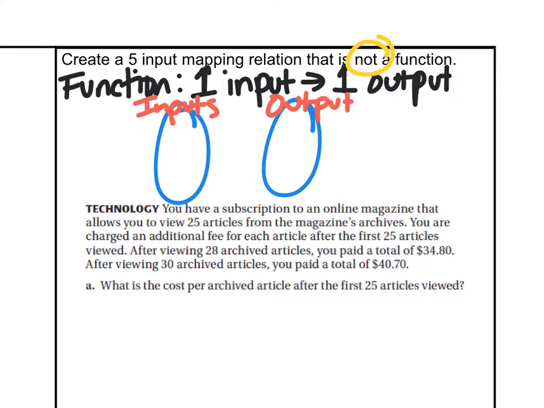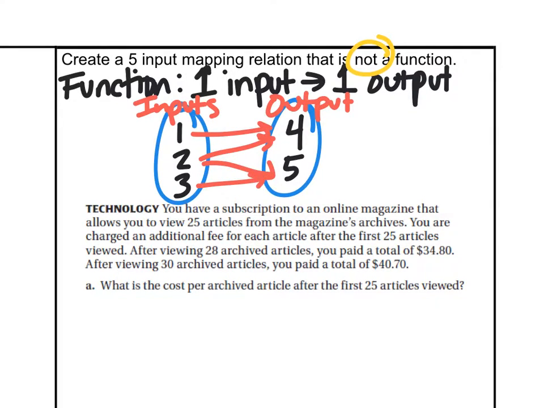So I'm just going to choose random numbers, 1, 2, 3. How about 4 and 5 for my outputs? I'm going to make a mapping that is not a function. So 1 is going to go to 4, 2 is going to go to 4, but 2 is also going to go to 5, and 3 is going to go to 5.